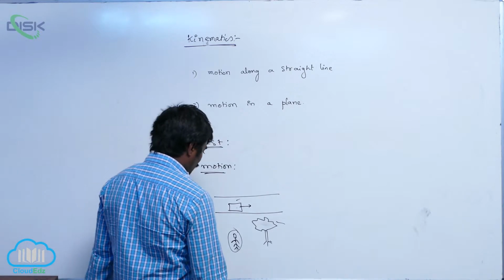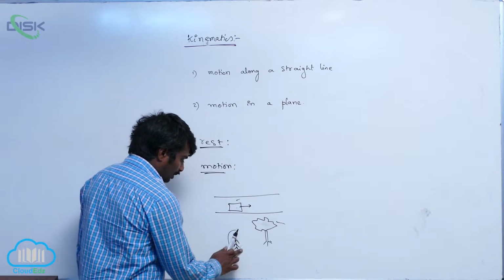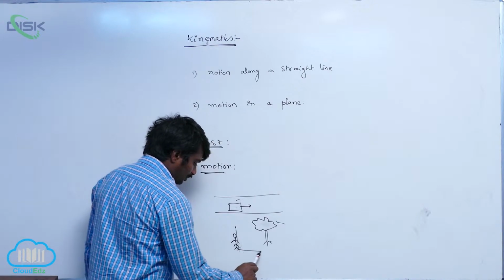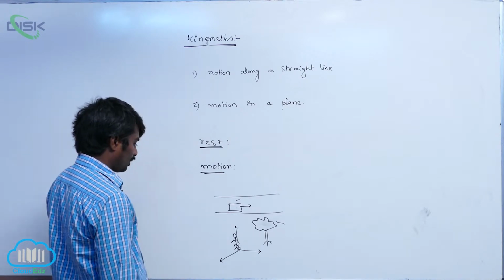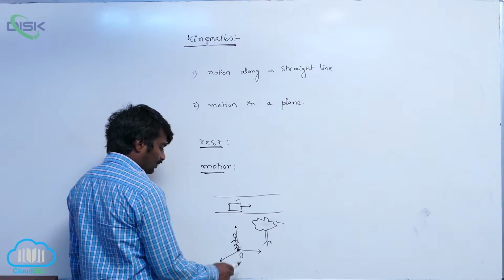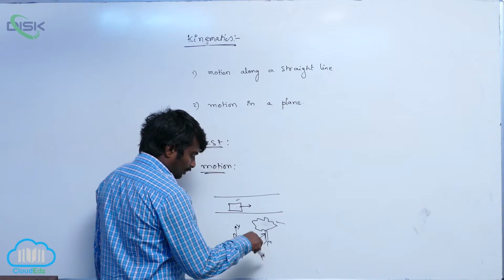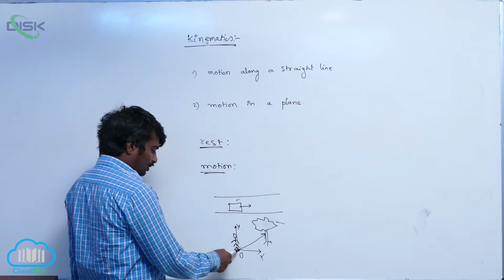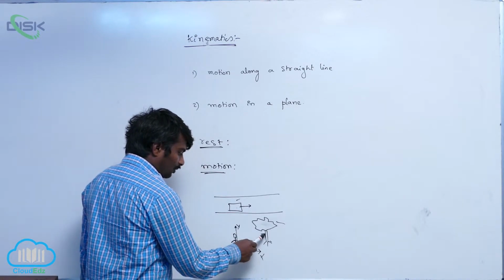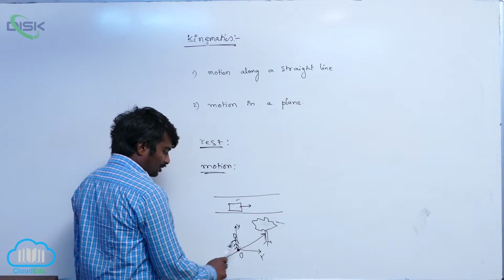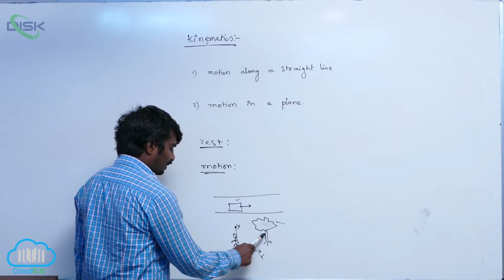So in kinematics we are going to define a reference frame. A reference frame means a coordinate system that we assume at the person who is making calculations, who is answering, and we assume this person at the origin of the coordinate system. We take the position vector of the tree with respect to this coordinate system, and if with time the position vector of this tree is not changing with respect to this person, then this person says that this tree is at rest.